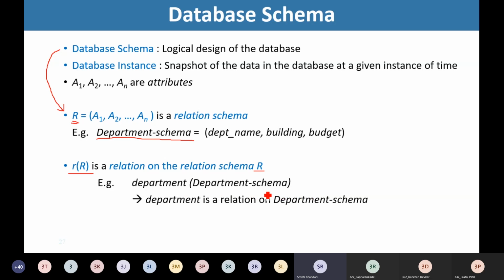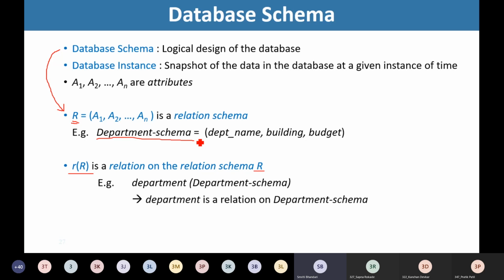What do we mean by that? What is the department schema? The department schema is only the set of attributes: department name, building and budget. These three are attributes. But whenever I say that I have a relation on this relation schema, what do I mean?